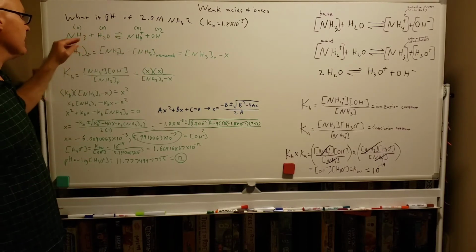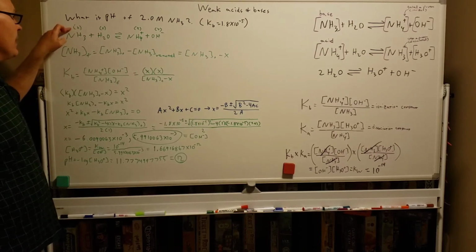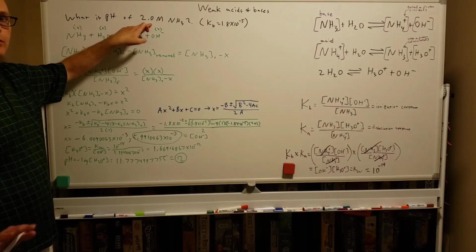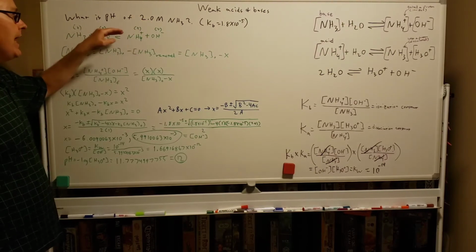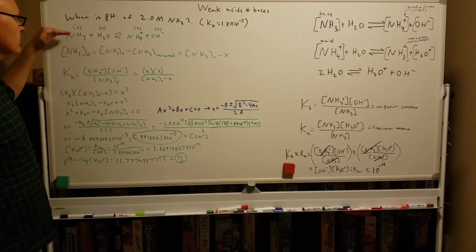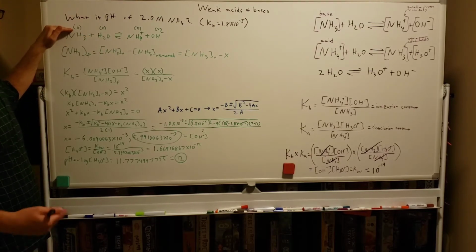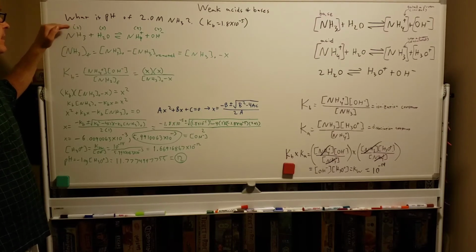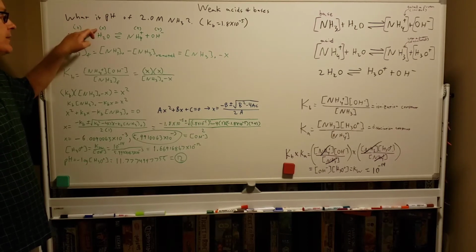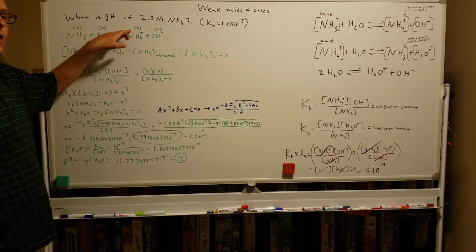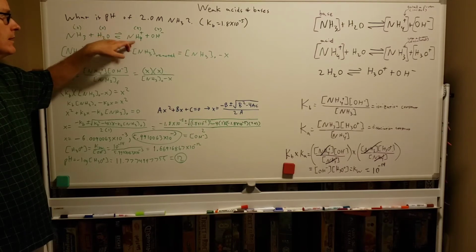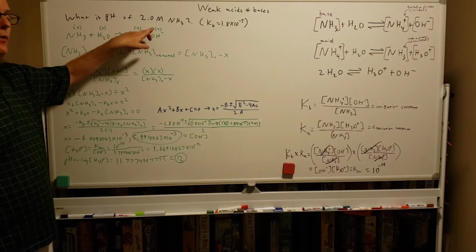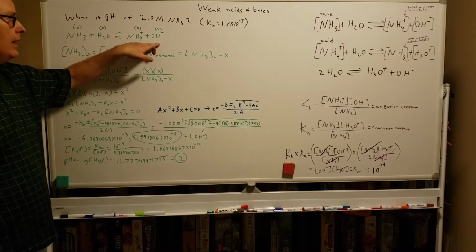However much reacts, not the whole 2 molar, but the amount of the 2 molar that reacts with the water, that concentration we're going to call X. For every 1 mole per liter of ammonia that reacts, it will react with 1 mole of water to produce 1 mole per liter of ammonium and 1 mole per liter of hydroxide.